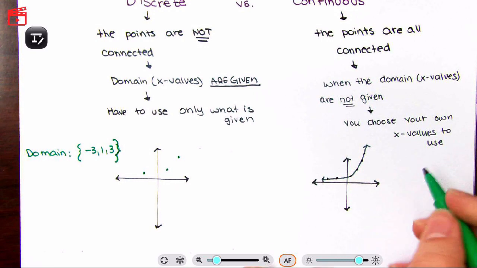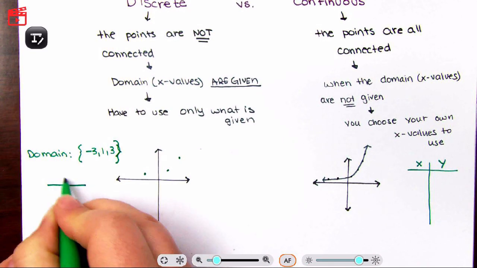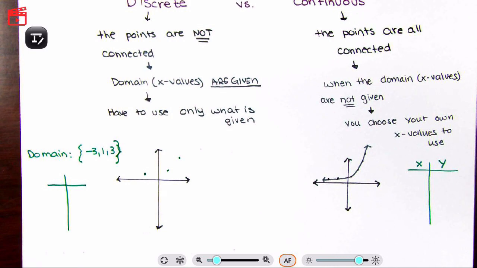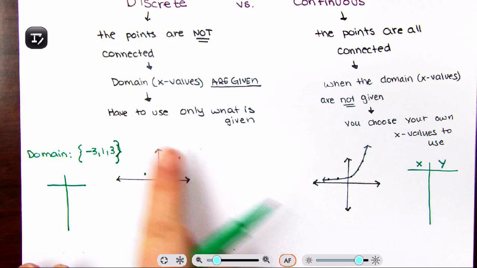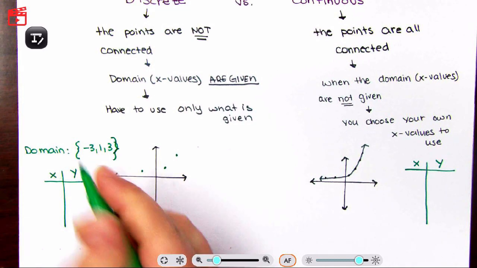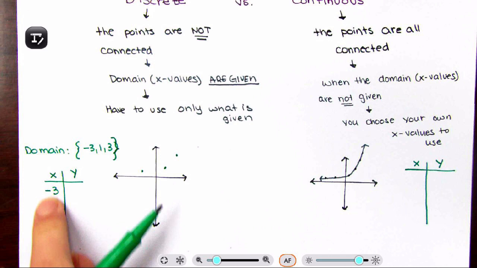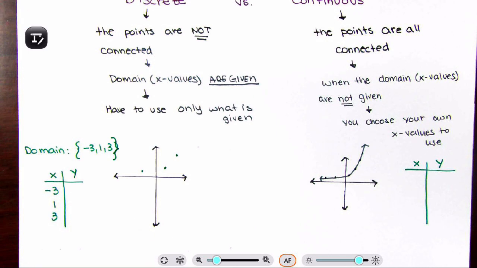So for the continuous, when we're going to be working on it, you're going to be using a T-chart for this one too. But for the, let me pause for a second, because I feel like I'm going back and forth. Okay. If they give you the domain, you're going to use a T-chart for discrete, and you're going to use your given domain as your x values to solve for things.